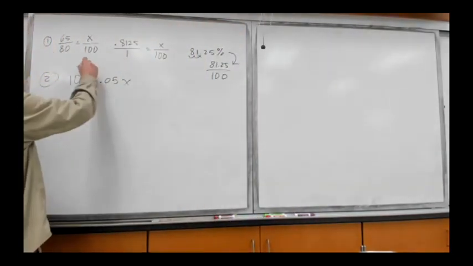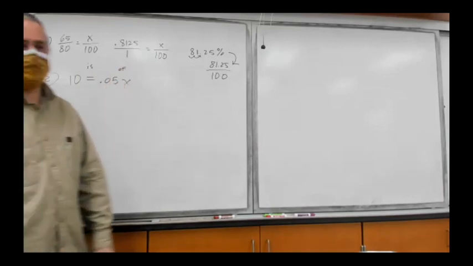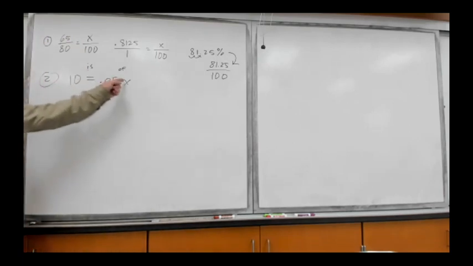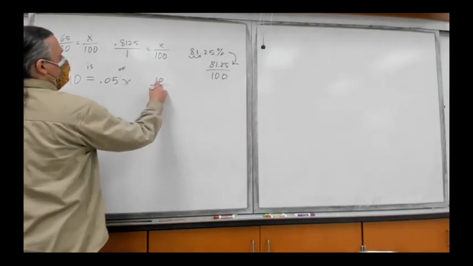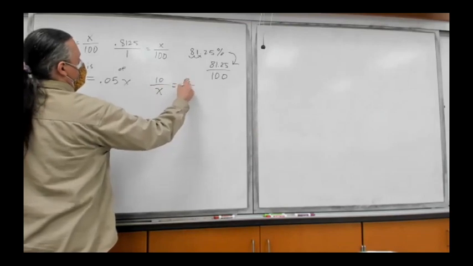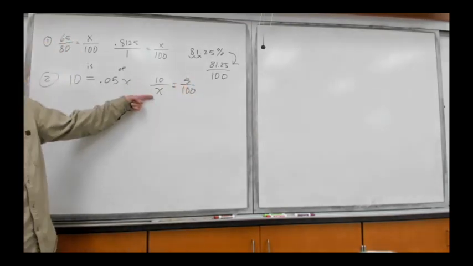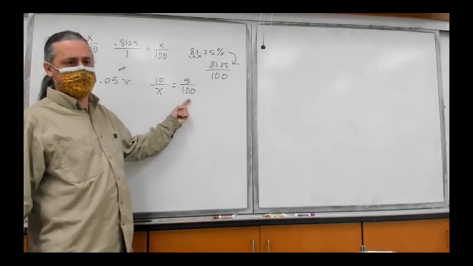Okay, "is" means equals, "of" means times. That's just a shortcut. It's hard to rely on shortcuts all the time because sometimes we use these words differently. But this is what you could do. Another way to set up this problem: what would 10 be out of if the basic ratio is 5 out of 100?